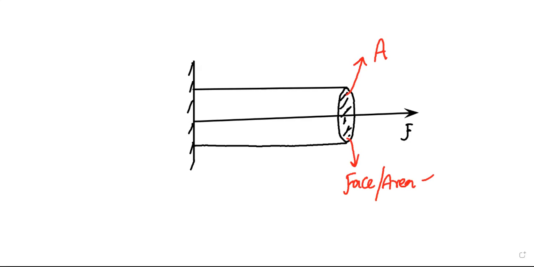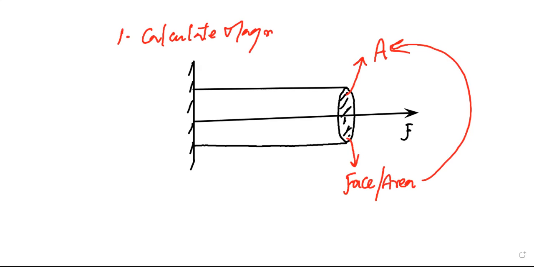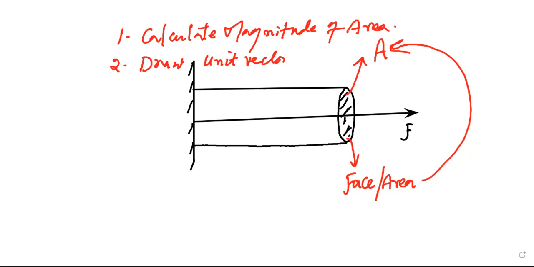First of all, we find the magnitude of this area, that is A. Once you have calculated the magnitude of area, second step will be to draw a unit vector to the area.